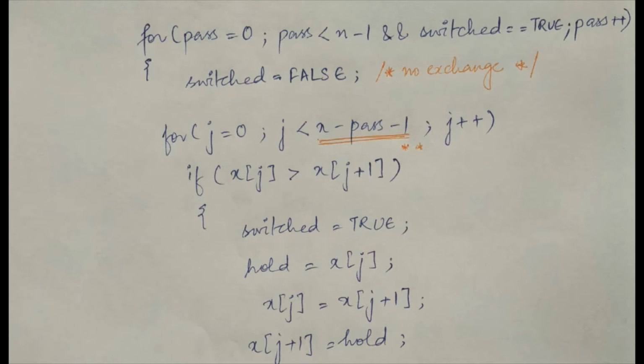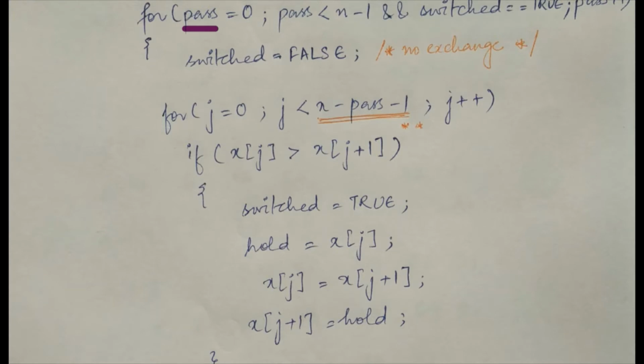Then passes, how many passes do you have? We are going to have 5 passes, and pass plus plus is your simple for loop for 5 passes in case of n equal to 5, 0 to n minus 1. And if you see the inner for loop, we have to compare adjacent elements. So this ideally goes from 0 to n minus 1.